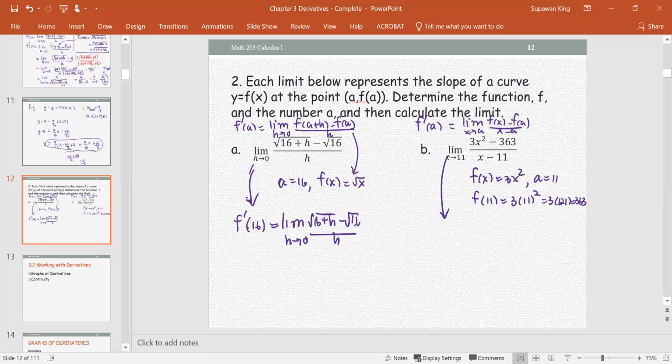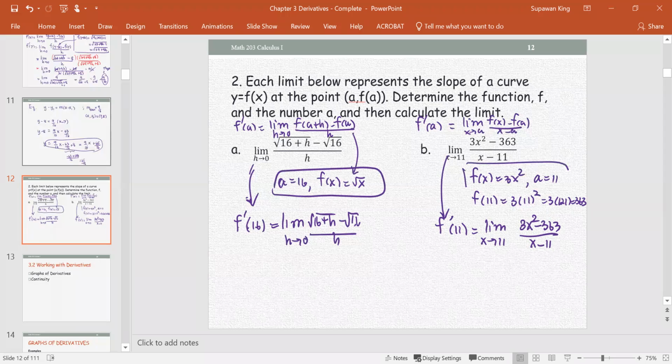And in part B, we are going to find the limit, the derivative of the function at 11, in the limit definition form, or the limit of 3x squared minus 363 divided by x minus 11. For each part, we found a and f of x. Next, we're going to calculate the limit.